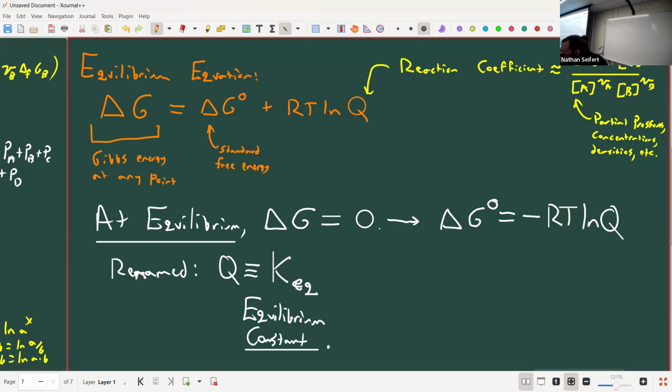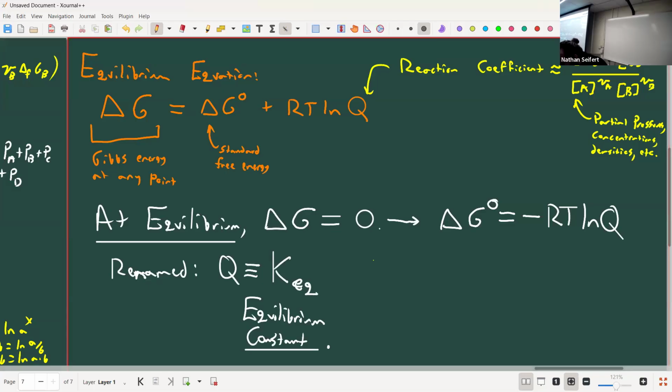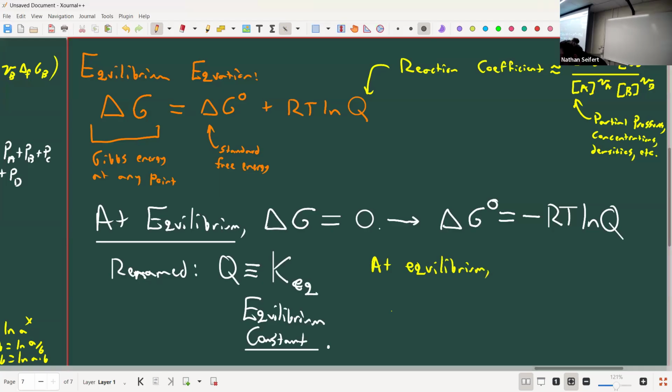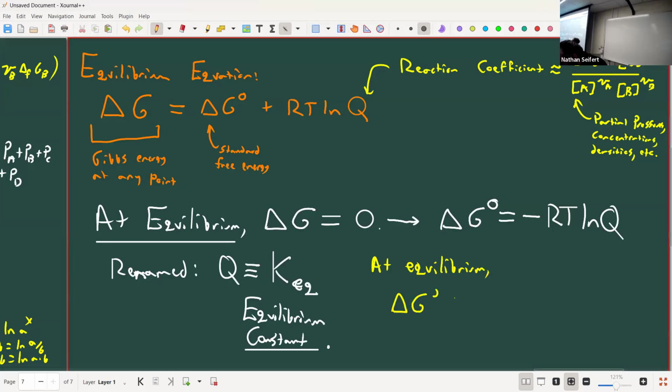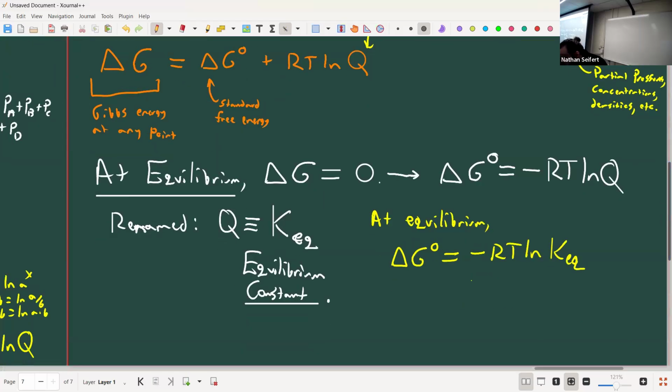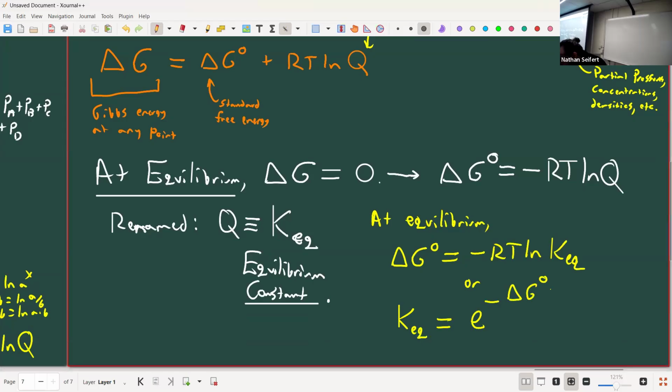All right, so we finally have an expression now that says at equilibrium, delta G naught is equal to minus RT ln KEQ, or KEQ is equal to e to the minus delta G over RT.